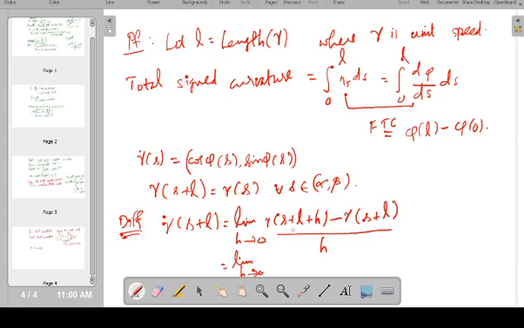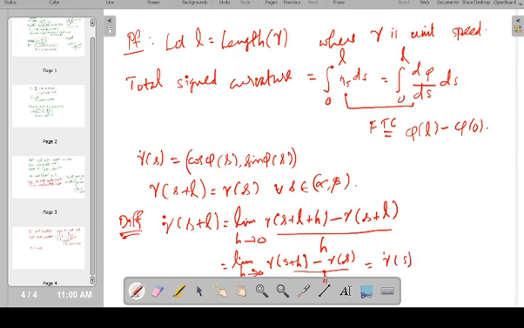Gamma is periodic of period L. So gamma of s plus L plus h is the same as gamma of s plus h, minus gamma of s plus L is the same as gamma of s, divided by h, which is precisely the derivative of gamma at the point s, gamma dot of s.